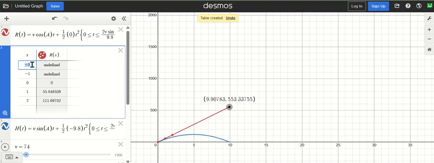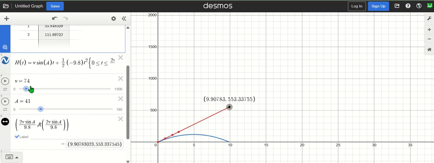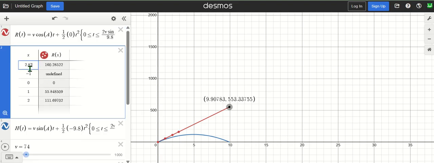If I want to get very specific, if I want to know when my time is, let's say, 2.87 seconds, it'll tell me exactly where my object is relative to my starting point horizontally. So I could see at 2.87 seconds, if I had an object launched at 74 meters per second at an angle of 41 degrees, I'll be located 160 meters to the right of where I started.